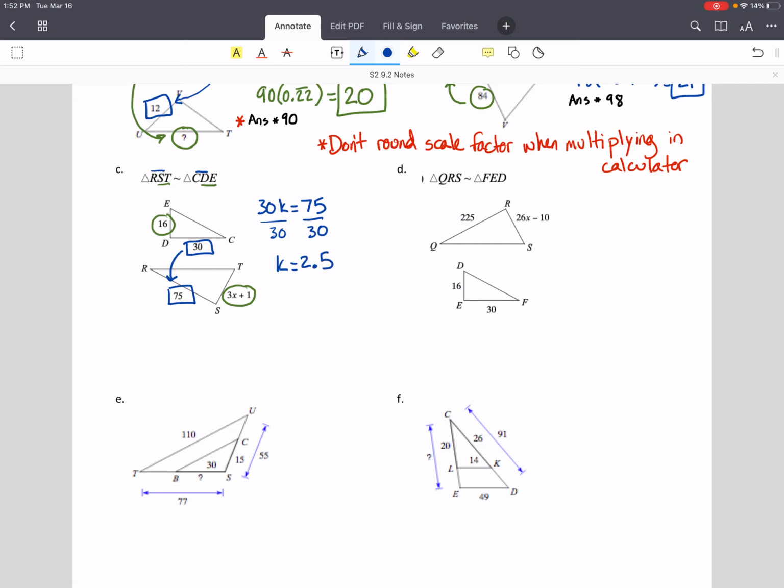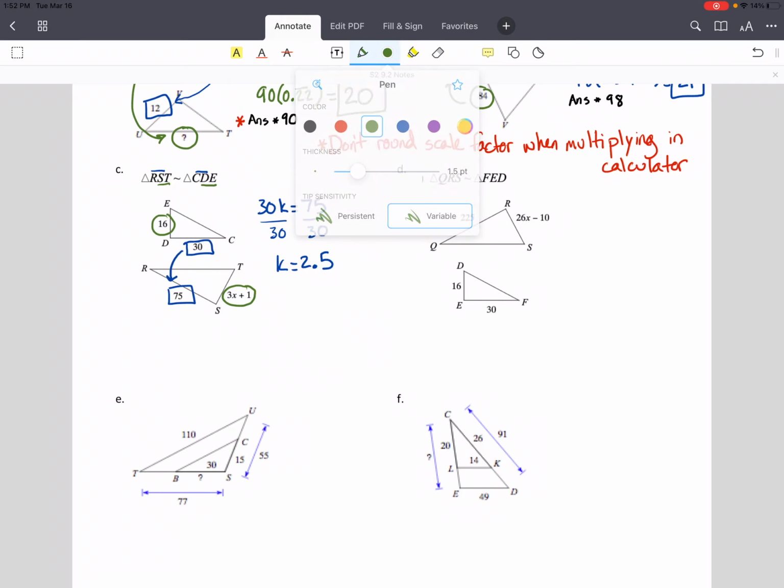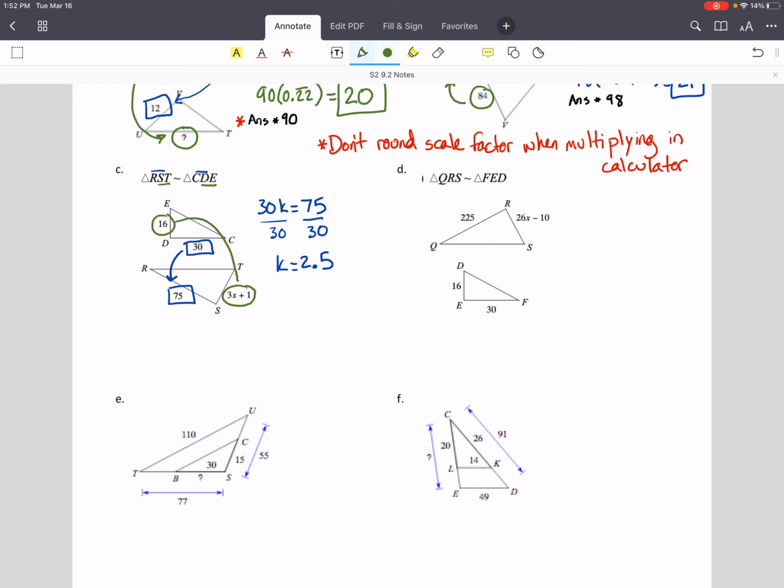Oh, thank goodness, something nice. Which means that 16 times 2.5 is going to equal 3x plus 1. So whatever that gets us, 16 times 2.5, so 40 is equal to 3x plus 1. Well, this is great, because now I can just solve for x.